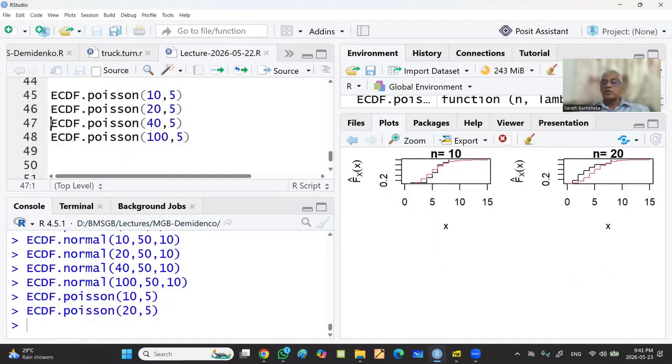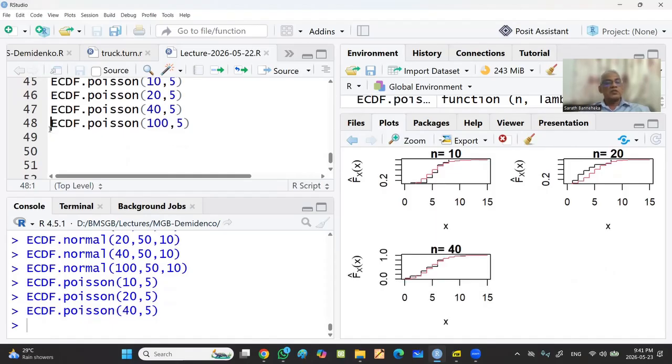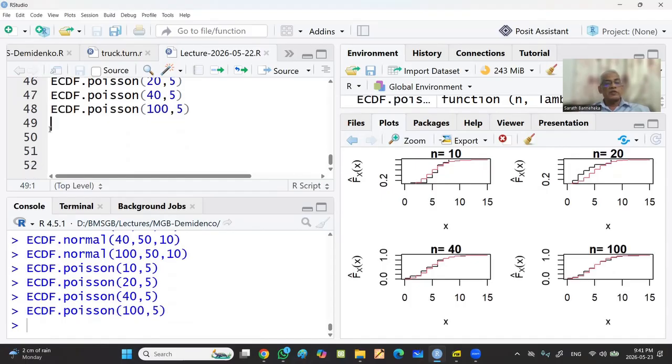What happens when n is equal to 20? This is when n is equal to 40. This is when n is equal to 100. So you can see that they are becoming more and more close to the theoretical one. The empirical CDF is becoming more and more close to the theoretical one. So that's what I mean by consistency.